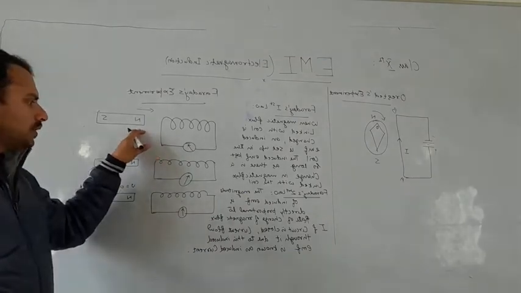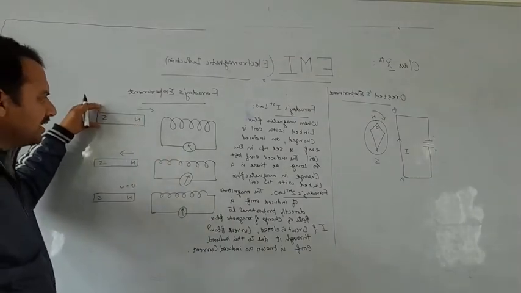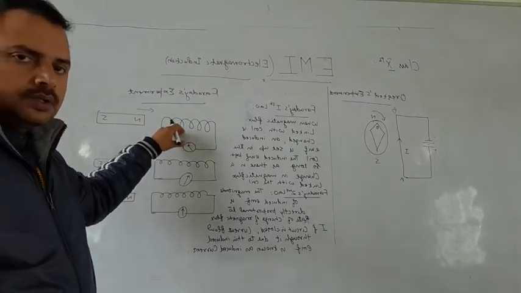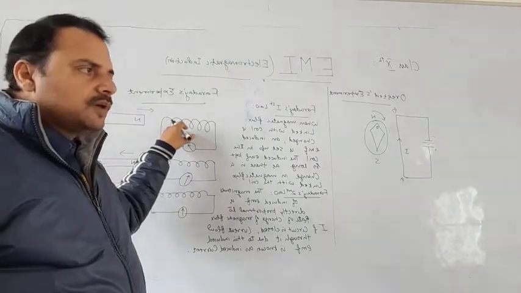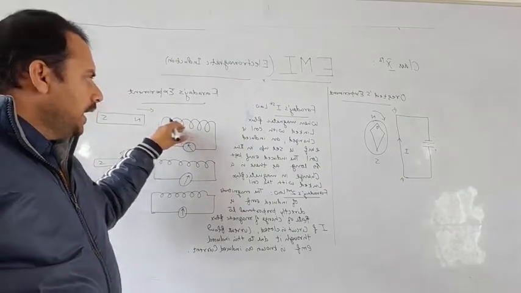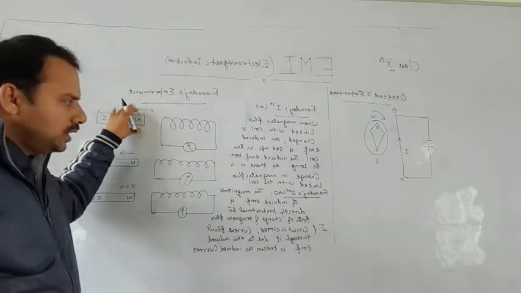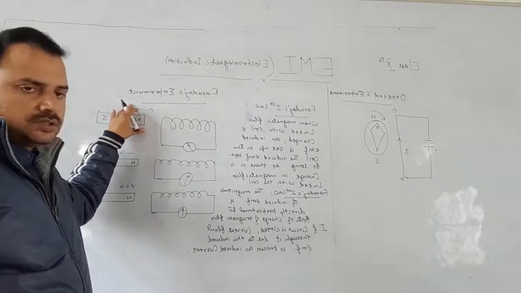What is the rate of change of magnetic flux? If you are moving the magnet very fast toward the coil, then the magnitude of the induced EMF will be high. And if you are moving the magnet toward the coil slowly, that means the rate of change is less.